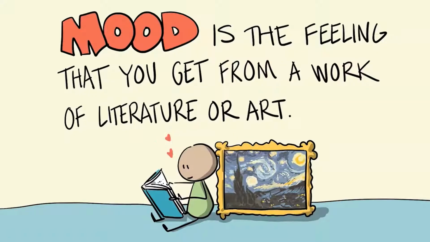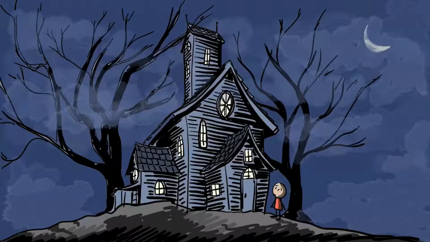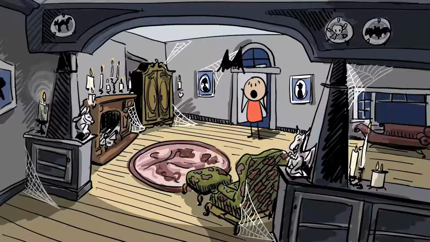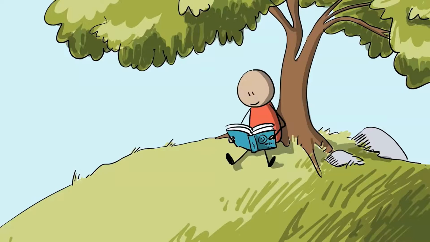Mood is the feeling that you get from a work of literature or art. Another way to describe mood is atmosphere. When you walk into a place, it has an atmosphere that makes you feel a certain way. When you walk into a story, it too has an atmosphere that makes you feel a certain way.